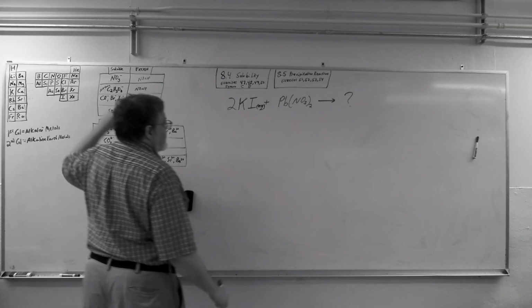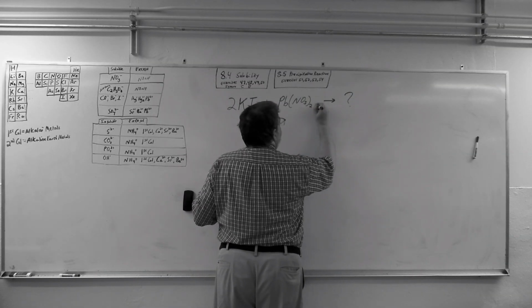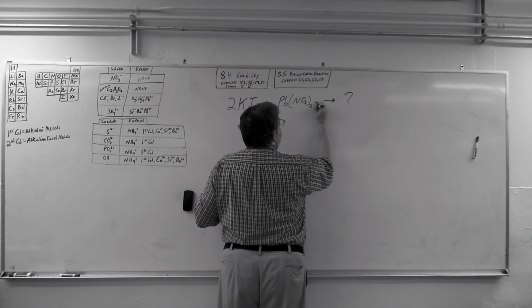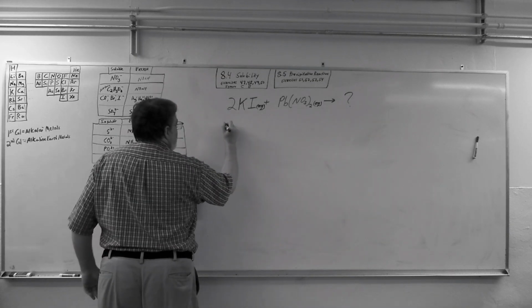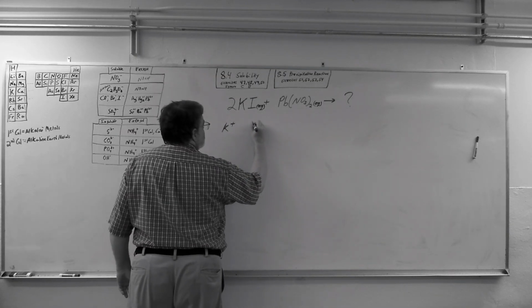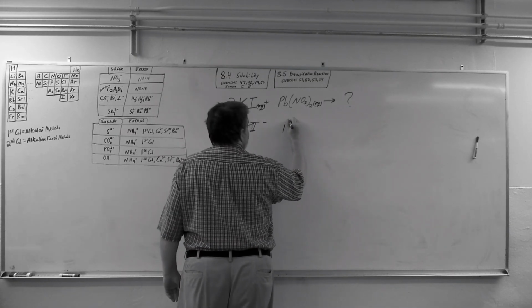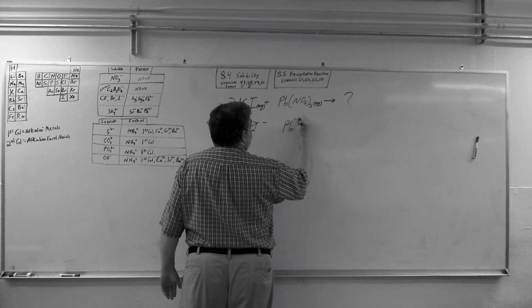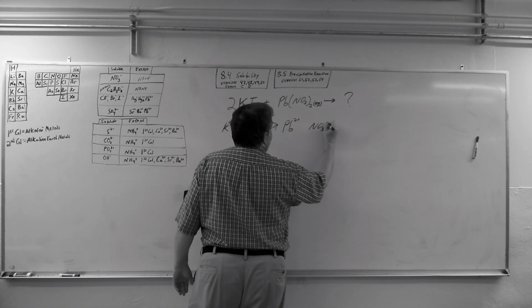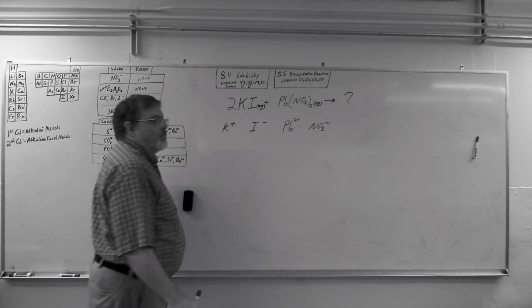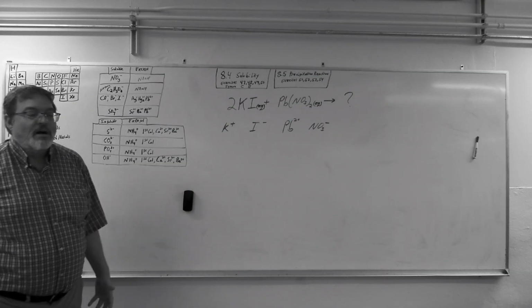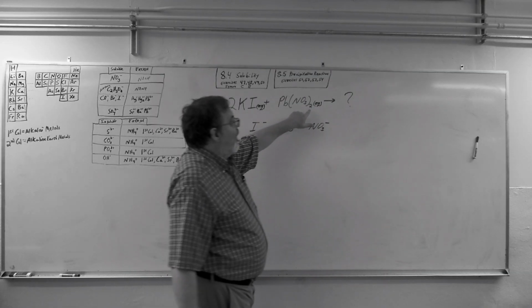Pb(NO3)2, all nitrates are soluble. So that will dissolve. Meaning we'll have K plus ions, I minus ions, Pb2 plus, NO3 minus. All those ions will be in the water floating around as ions. That's what we just figured out.